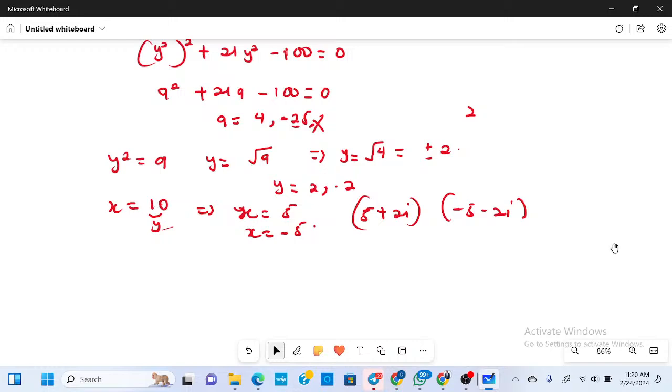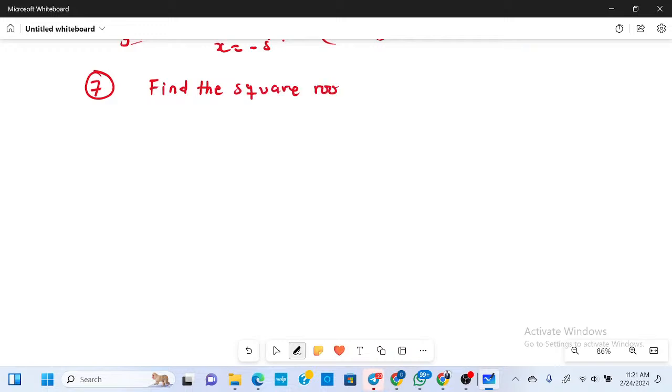So let's see the 7th question. For question 7, I'm having: find the square roots of 1 plus square root of 3 i.